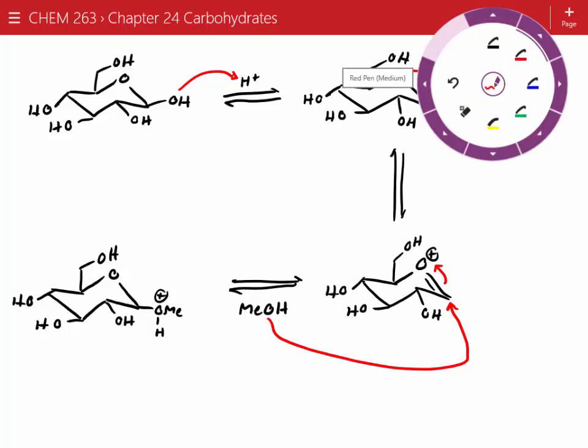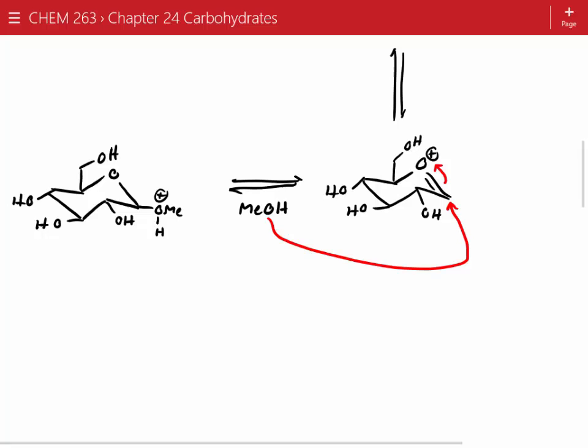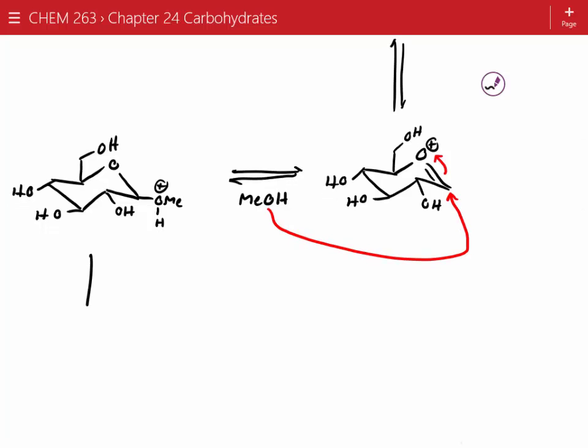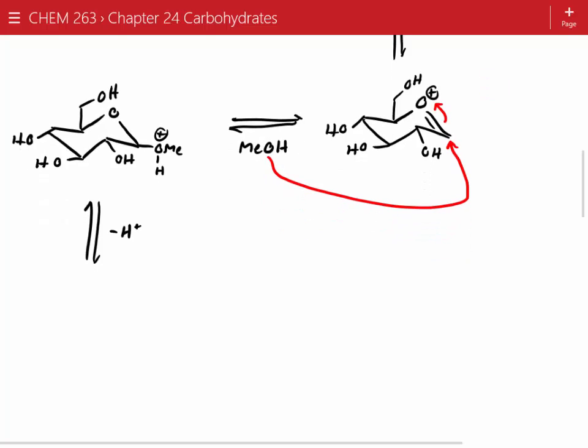Good catch, Ian. You're just jealous because you didn't hit it. And then in this case, you lose a proton. So we'll do a deprotonation, typically with water, because these are normally in buffered solutions.